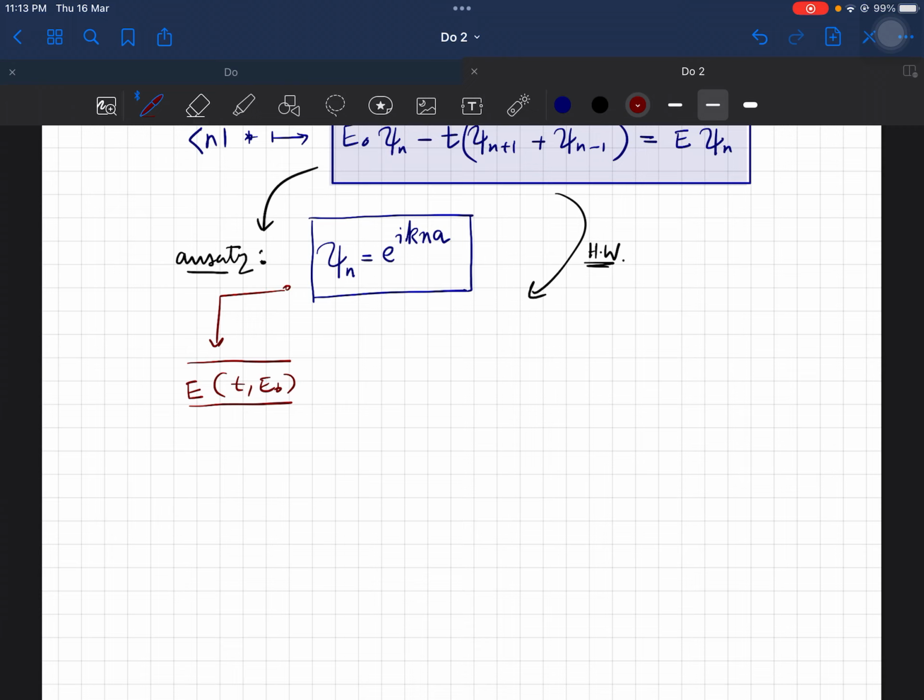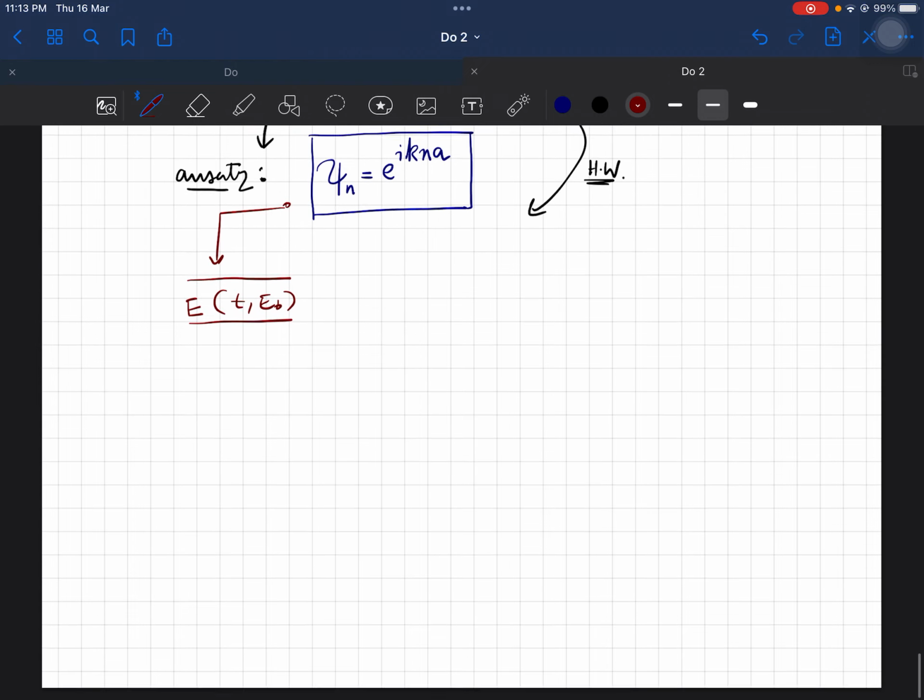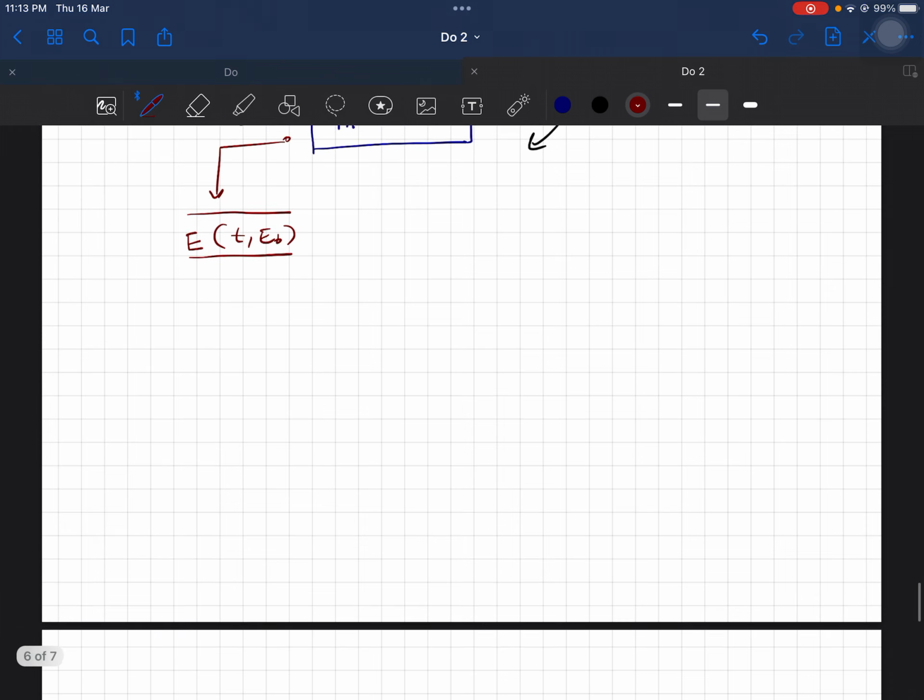So let's go ahead and see how the ansatz works out, since it gives out many things. The wave number k has a number of properties.